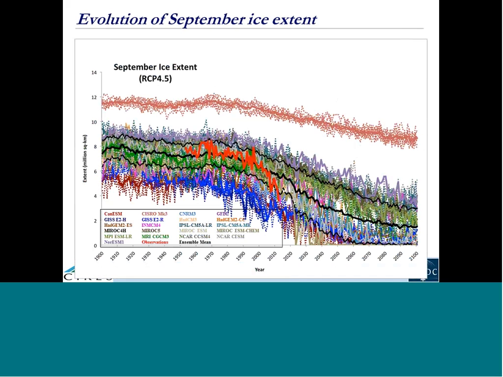The dots represent the individual model ensemble members, the solid lines the model ensemble means. The black line is the multi-model ensemble mean, so taking all the models and calculating the mean for each month. And then the red line is the observed September extent.